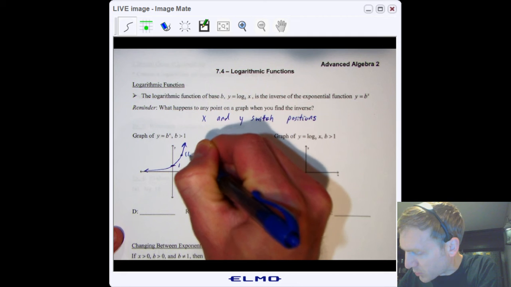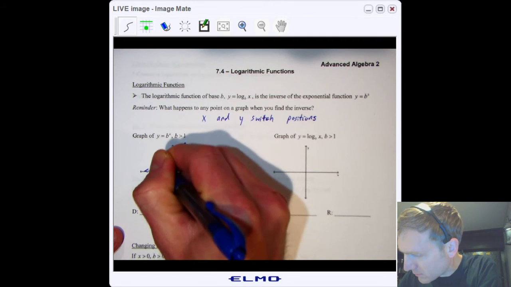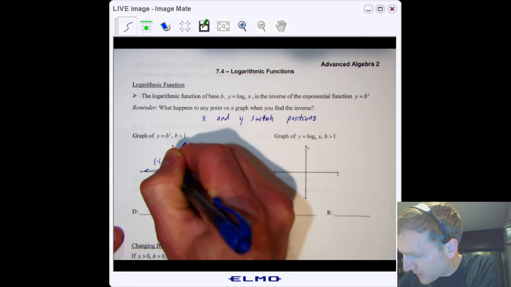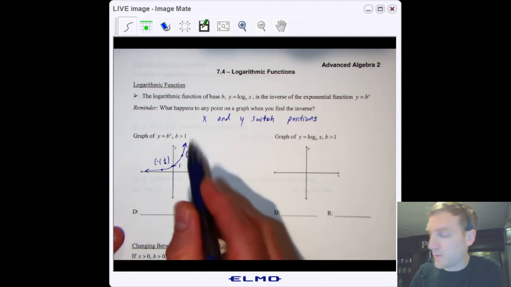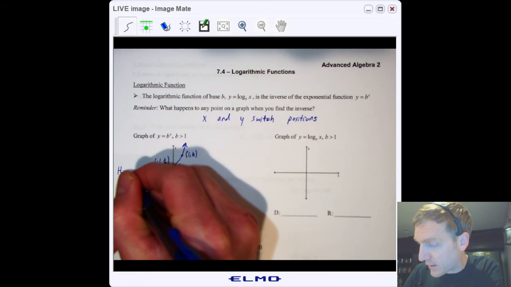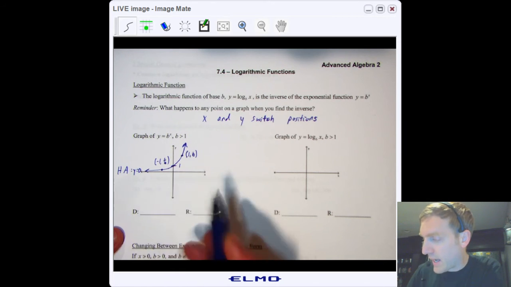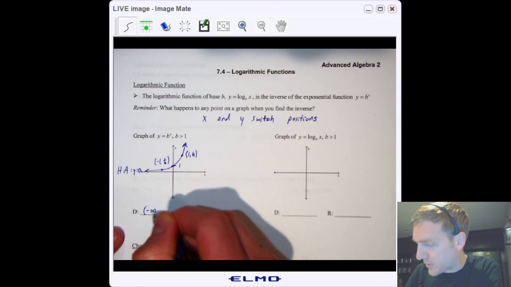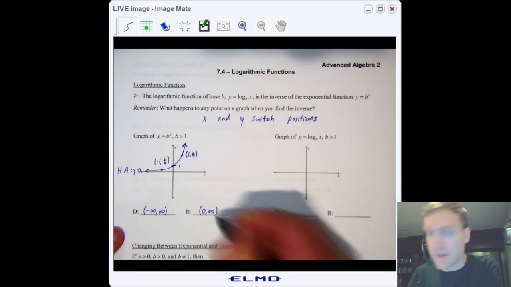And the other points were 1, b, and then -1, the reciprocal of b. So again, that was an exponential function for b bigger than 1. The 3 points were -1, 1 over b; 0, 1; and 1, b. There's a horizontal asymptote at y equals 0. And the domain was all real numbers, and the range was 0 to infinity.